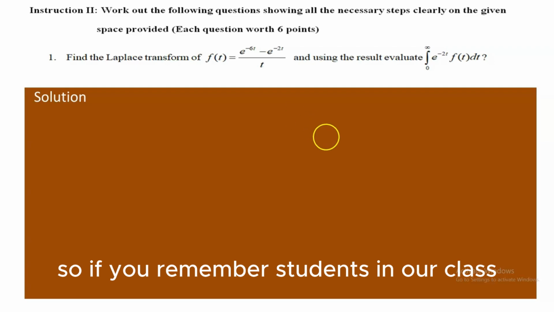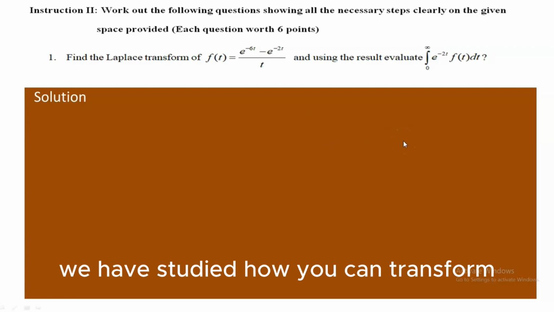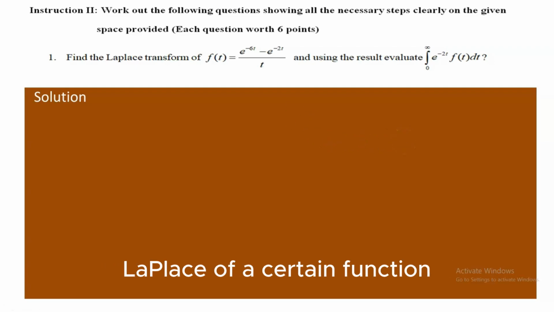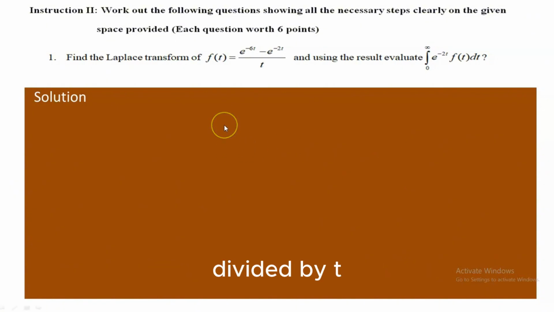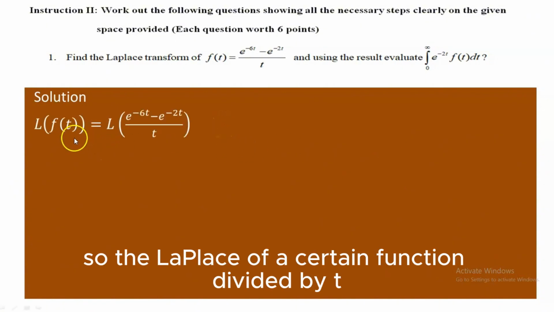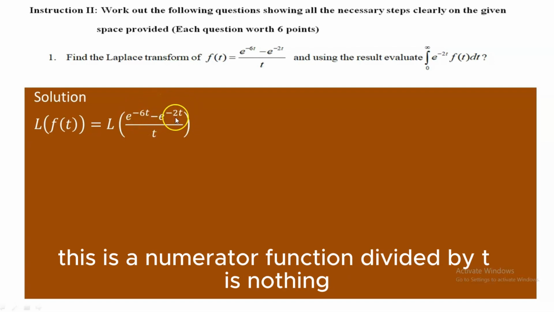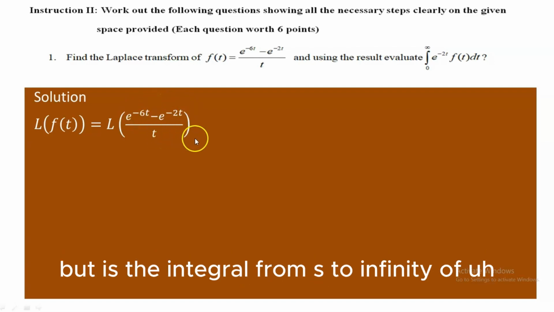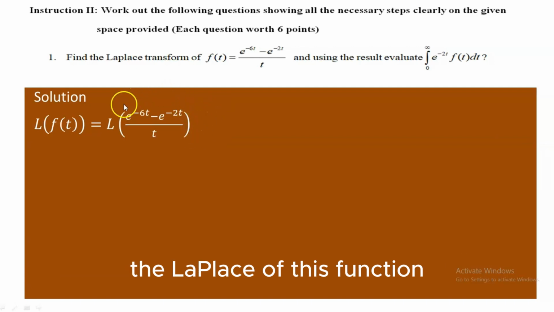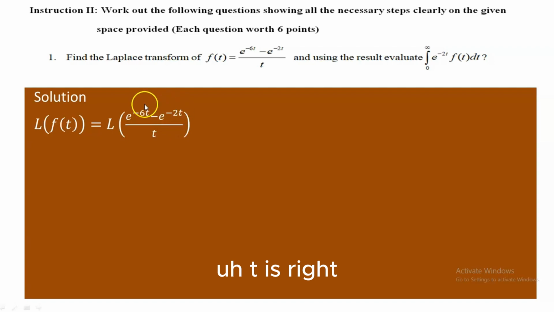So if you remember, students, in our class we have studied how you can transform the Laplace of a certain function divided by t. So the Laplace of a certain function divided by t, as you see, this is a numerator function divided by t, is nothing but the integral from s to infinity of the Laplace of this function ds, right?